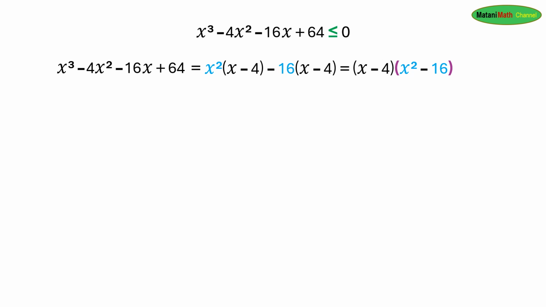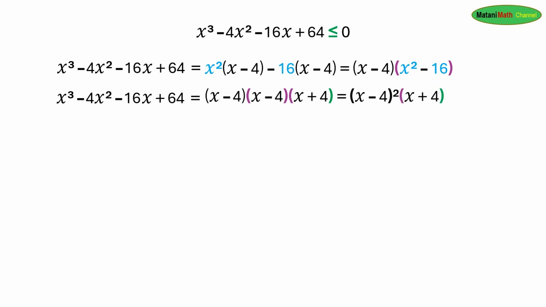So x minus 4 times x squared minus 16 equal to, x squared minus 16 equal to x minus 4 times x plus 4. So x cubed minus 4x squared minus 16x plus 64 equal to the square of x minus 4 times x plus 4.